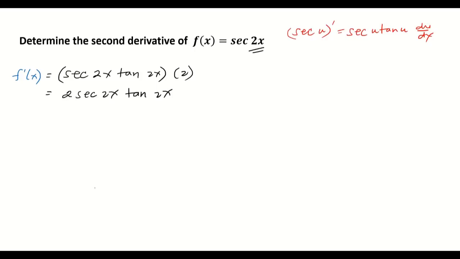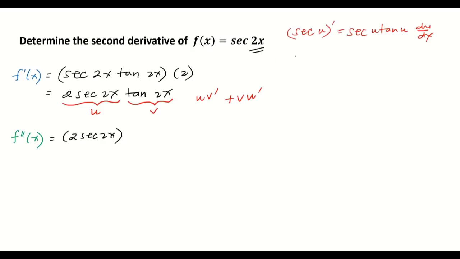Now, how do we get the second derivative? In this case, we can set 2 secant 2x as u and tangent 2x as v, and then we can perform the product rule. So we have u times the derivative of v plus v times the derivative of u. u is 2 secant 2x. For the derivative of v, we need the derivative of tangent 2x.